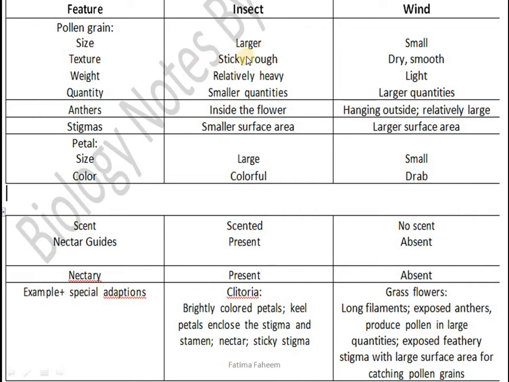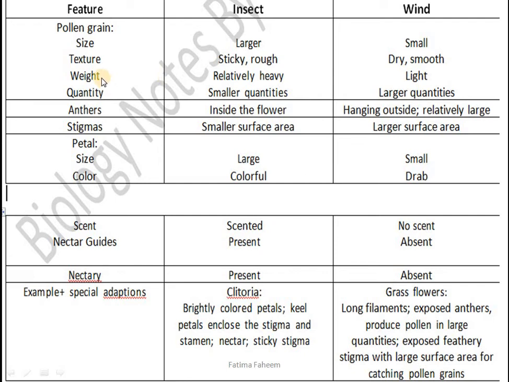Being larger, the texture of the pollen would be sticky and rough so that it can cling to the body of the insect and be carried away. While in the case of wind pollinated flowers, the texture of the pollen grains would be dry and smooth.